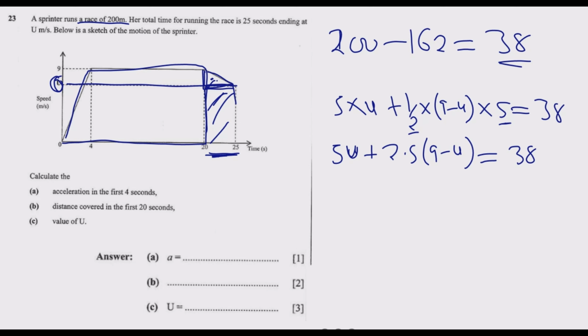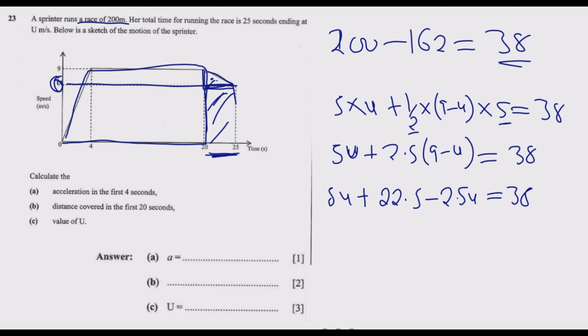So we can expand. When we expand, we have 5u plus 2.5 multiplied by 9. 2 times 9 is 18, then half of 9 is 4.5, so we get 22.5, then minus 2.5u equals 38.